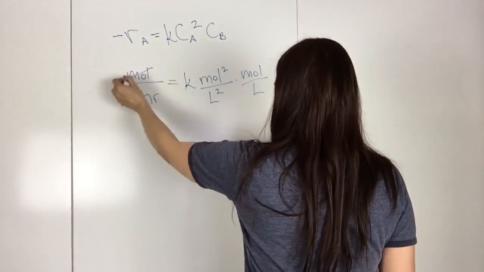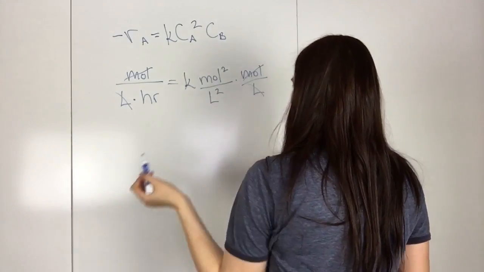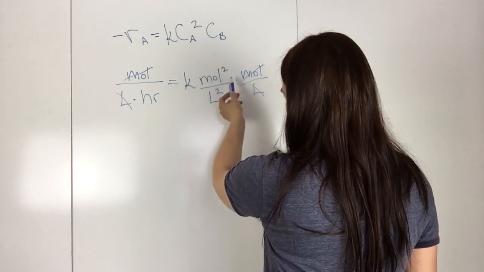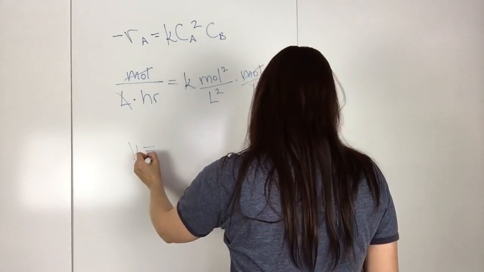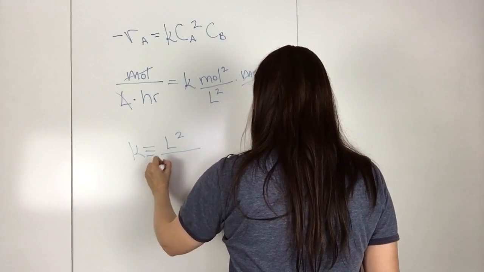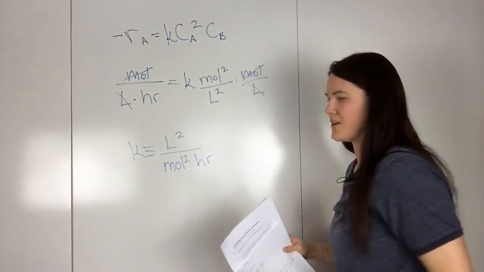First of all, you can divide out this mole. You can get rid of that. And so if you multiply over hours, then the units of K have to be liters squared per moles squared per hour.